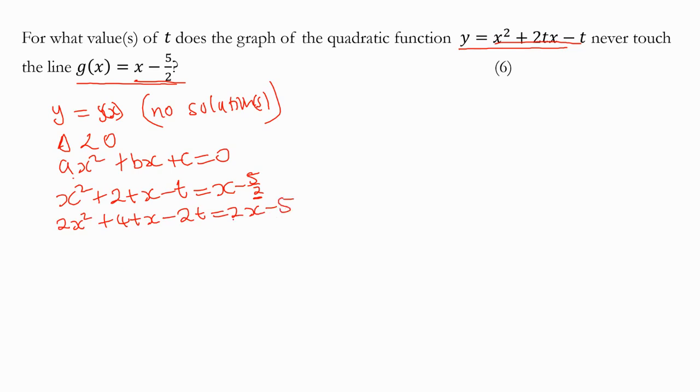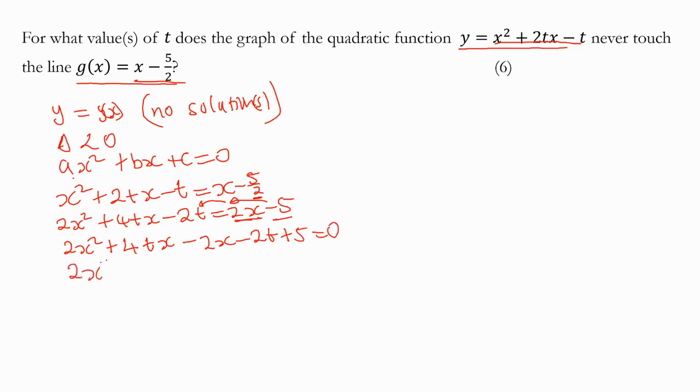Right, and then we can transpose these two. So it becomes 2x squared plus 4tx minus 2x, then minus 2t plus 5 is equal to 0.